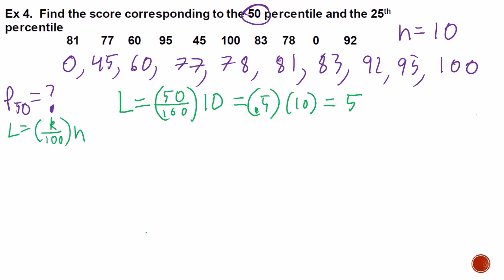I want the 50th percentile, so I want to find 50% of my way through the data. How much data is there? Well, there's 10, so that's 5. That's the intuitive way. If you want to just memorize the formula, that's fine, but it's good to understand where it comes from. Okay, so then we want to look at the procedure.